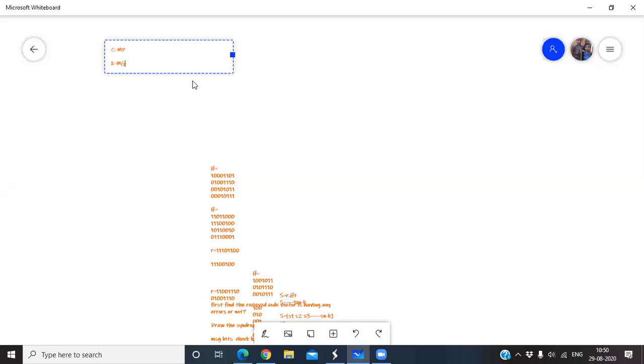Please ask me doubts. Because in this linear block code, with this class I want to stop the problems on how to generate the code words, how to get the syndrome, how to draw the encoder, and how to draw the syndrome. I want to stop all those topics. That's why I'm asking repeatedly. Please ask me any doubts if you have.